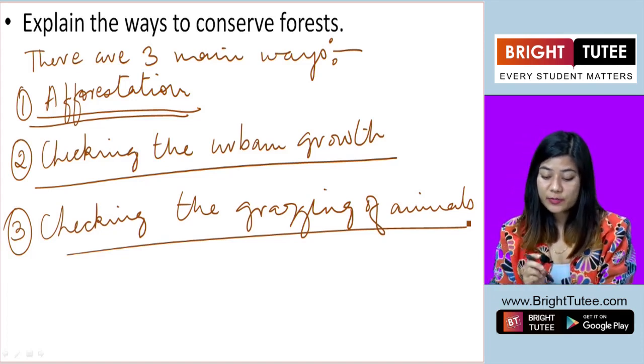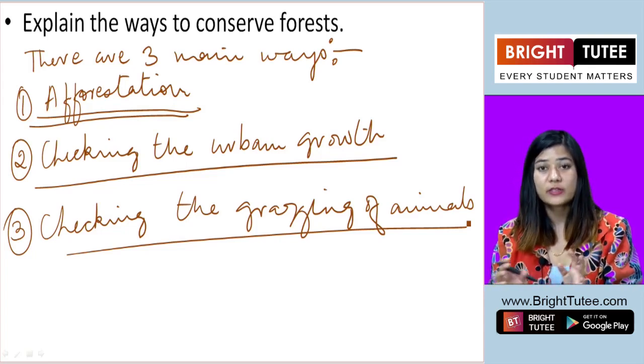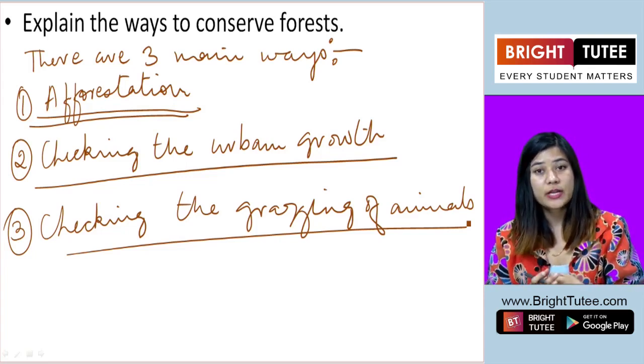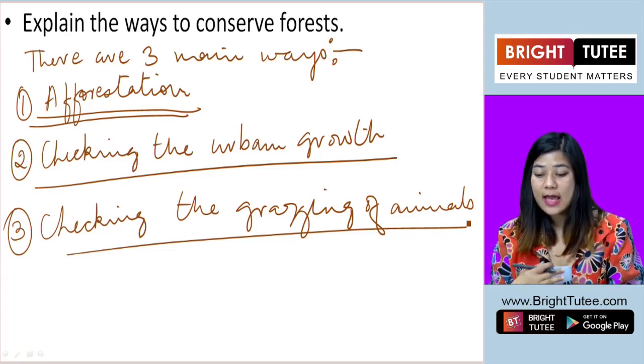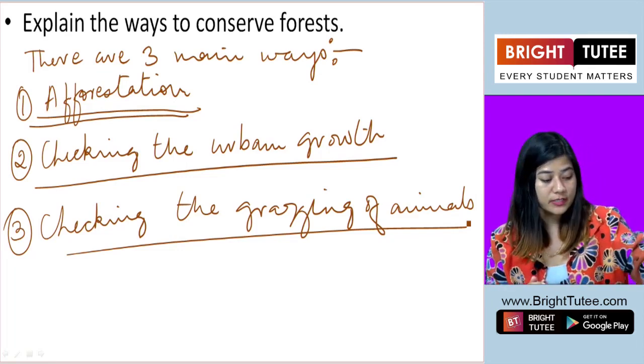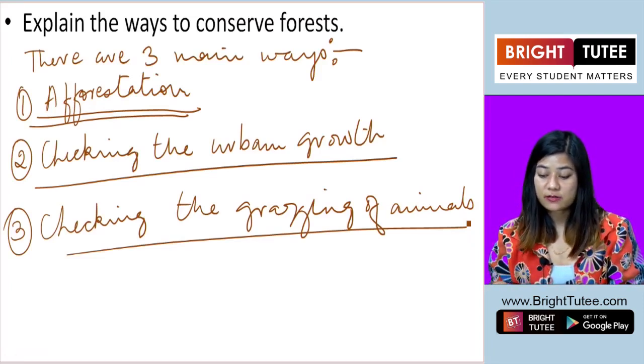By doing that, we preserve that plot of land or that region from soil erosion and any other kind of damage, and then we conserve the forests. So these are the 3 main ways to conserve the forest.